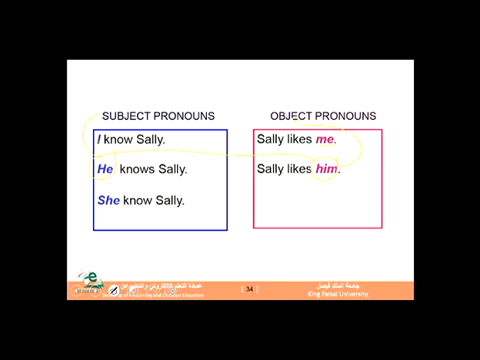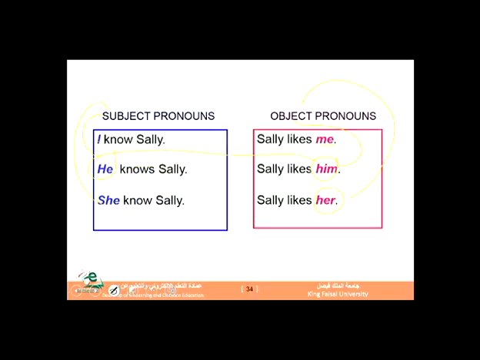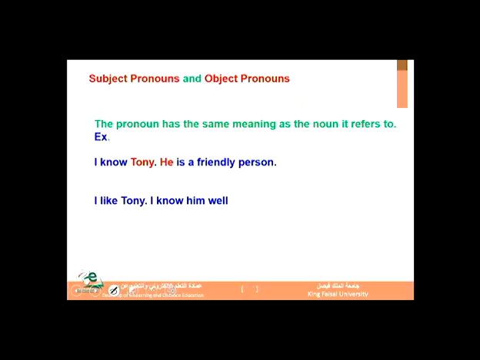She knows Sally. She. So clearly this is a subject, while when we say Sally likes her, this is not the subject of the sentence, but this is the object of the sentence. Okay. So far we have gone through subject pronouns and object pronouns.